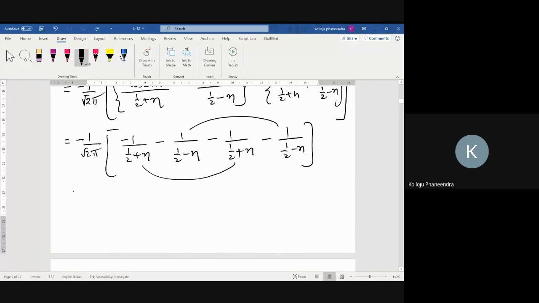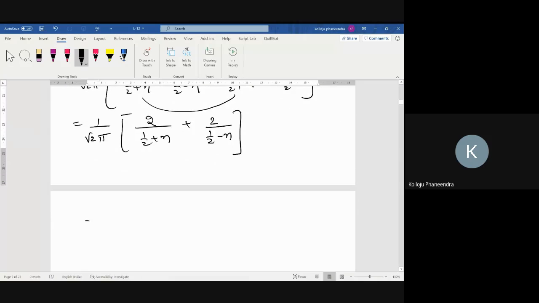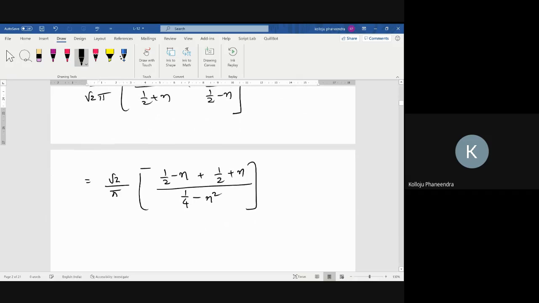And minus is common. So this becomes 1 by root 2 pi into 2 by (1 by 2 plus n) plus 2 by (1 by 2 minus n). Okay, now 2 is common, so that is equal to root 2 by pi. If I take LCM, 1 by 2 minus n here plus 1 by 2 plus n here, and this becomes 1 by 4 minus n square, a plus b into a minus b, (1 by 2 plus n)(1 by 2 minus n).